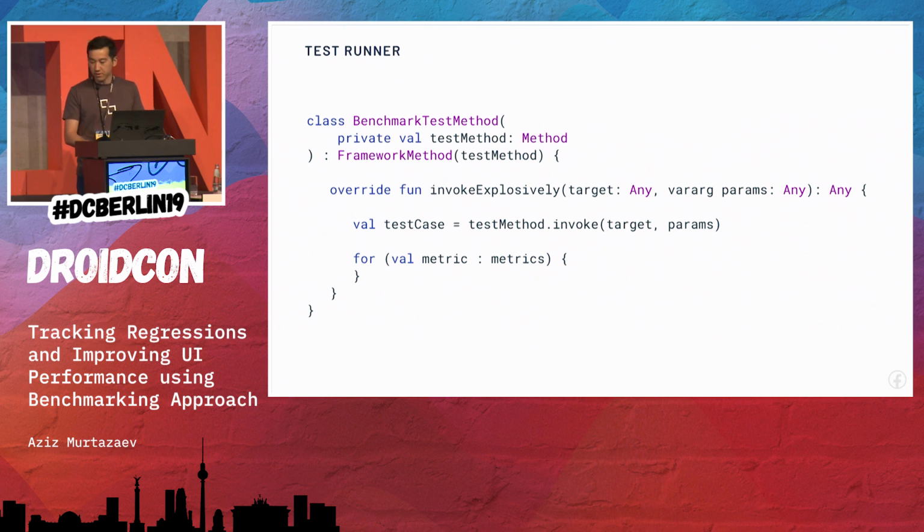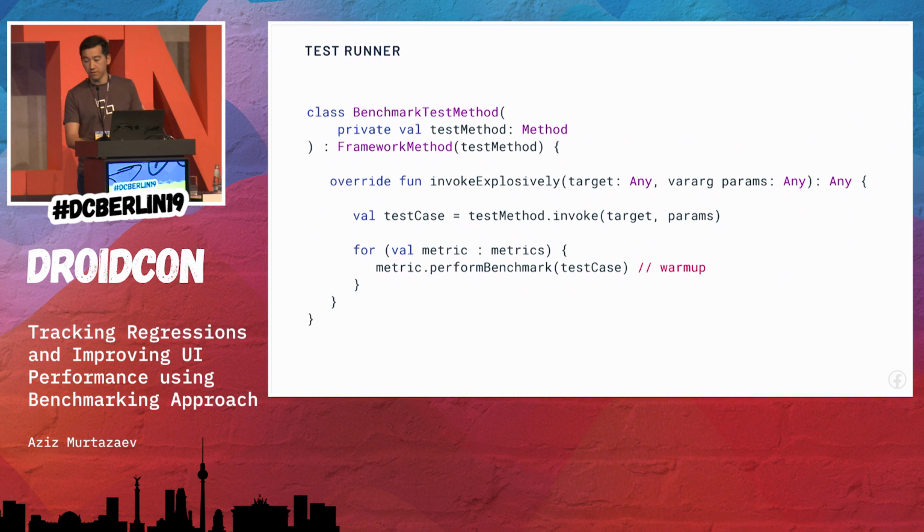And for each metric, we do a first run, which is perform benchmark and pass the test case. This is for warm-up. Why do we need warm-up? Because we might use some singletons or other objects that might take different time depending on whether you are running the first time or not.